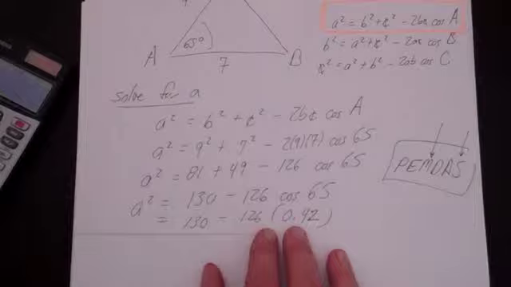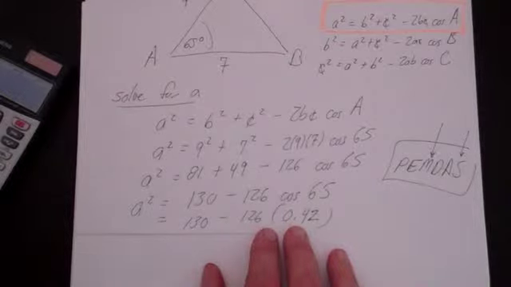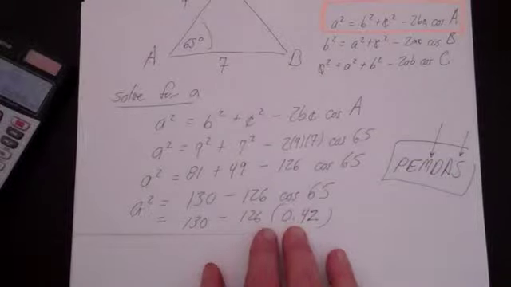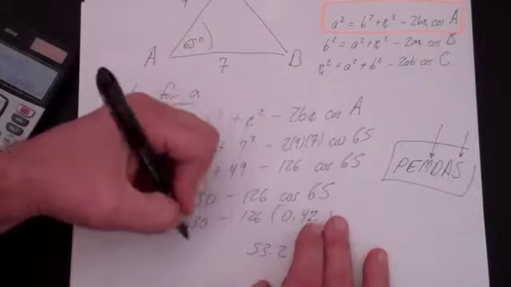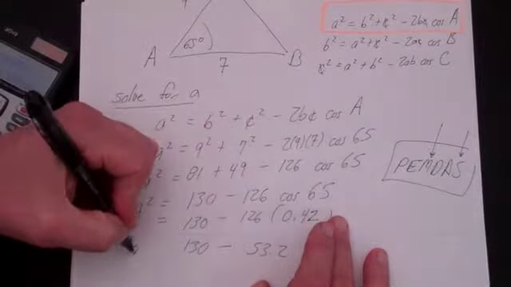Let's try that again. 126 times 0.42 is going to be 53.2.